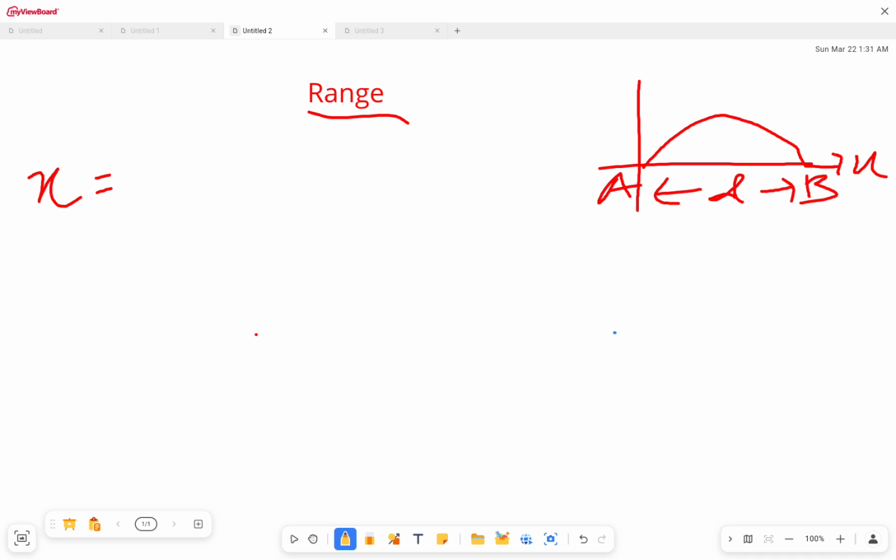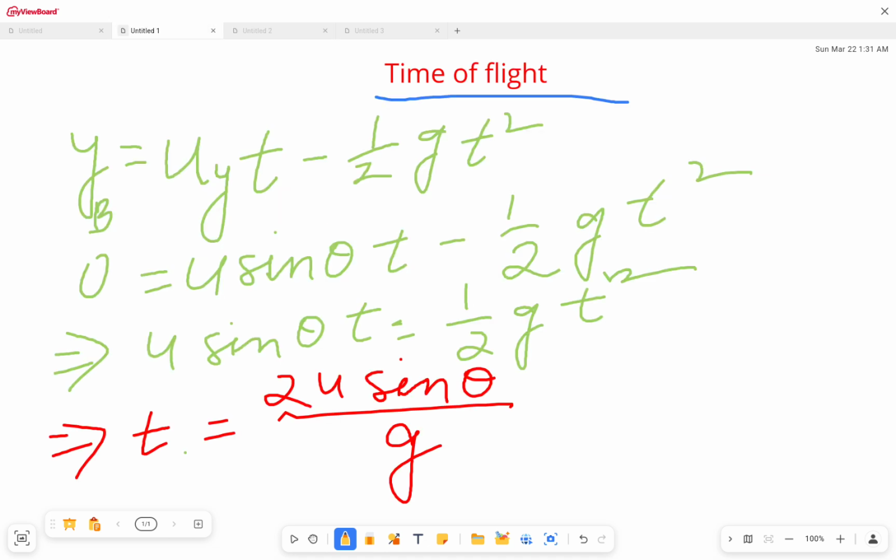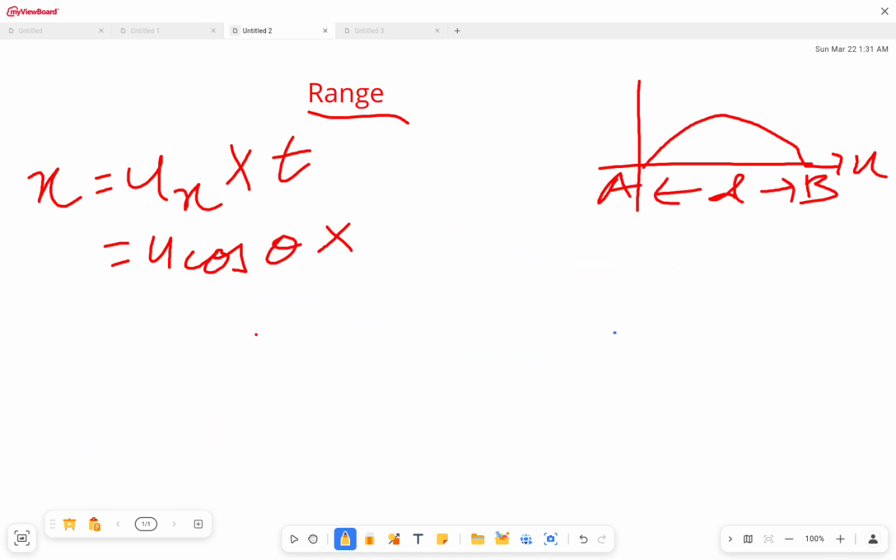So speed along the x direction, into the total time of flight. Ux is u cos theta, and time of flight we have previously calculated as 2u sine theta by g.